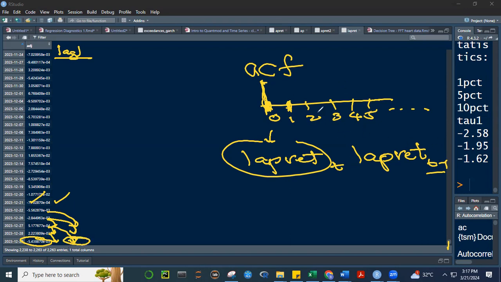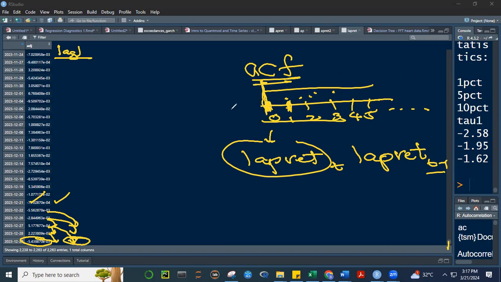You compute the correlation, and then you plot it here. Whatever the correlation is, you plot here. So the autocorrelation function gives us the correlation between your original series and your lag 1, your lag 2, and then your lag 3.